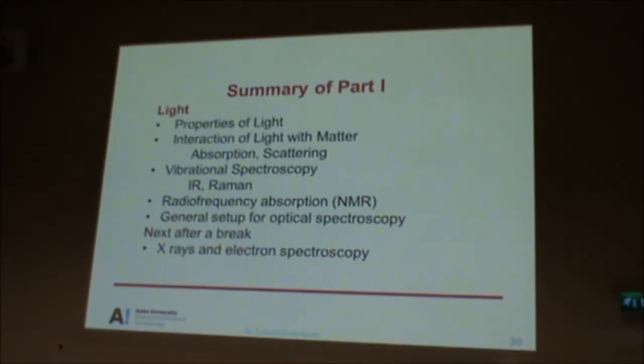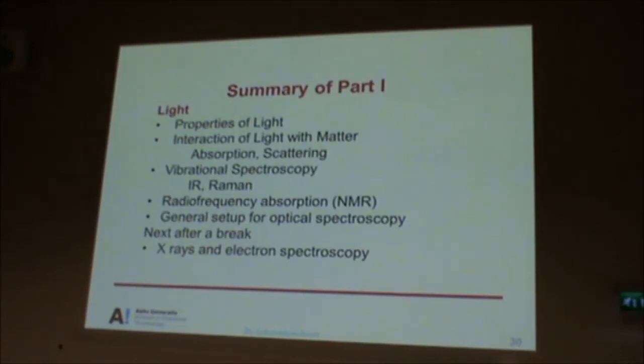Now, I'll summarize the first part of this lecture. We started off with properties of light, the electromagnetic nature of light, and then we saw how light interacts with matter. We saw the basis of absorption. Apart from that, we also dealt with scattering, and then the overall principle behind vibrational spectroscopy, two types of vibrational spectroscopy, infrared and Raman.